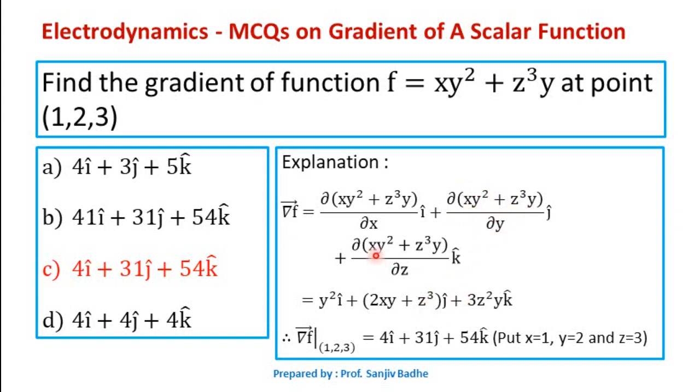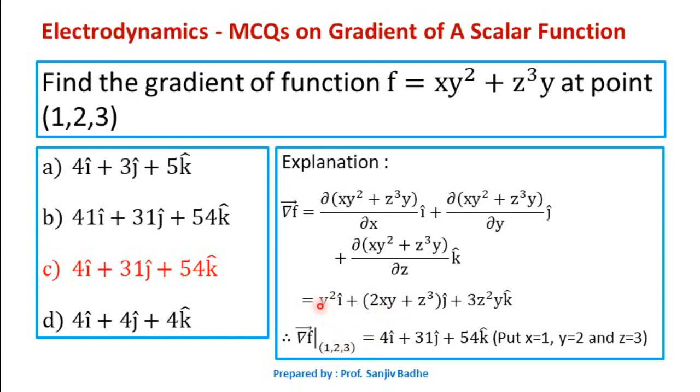And when you differentiate xy square plus z cube y with respect to z, then x and y are treated as constants, so the result will be 3z square y, and therefore gradient of f can be written as y square i cap plus (2xy plus z cube) j cap plus 3z square y k cap. Now we will put x is equal to 1, y is equal to 2 and z is equal to 3.